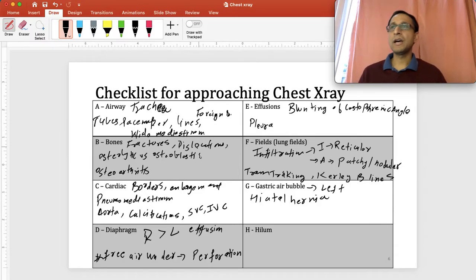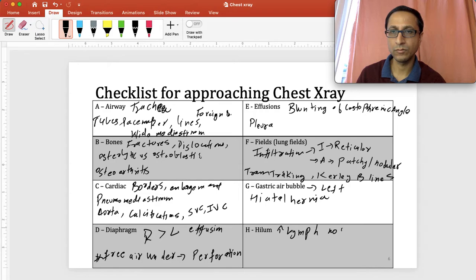And for H, hilum, you're basically looking for one major thing, well, two major things. One of them is enlargement of the lymph nodes.